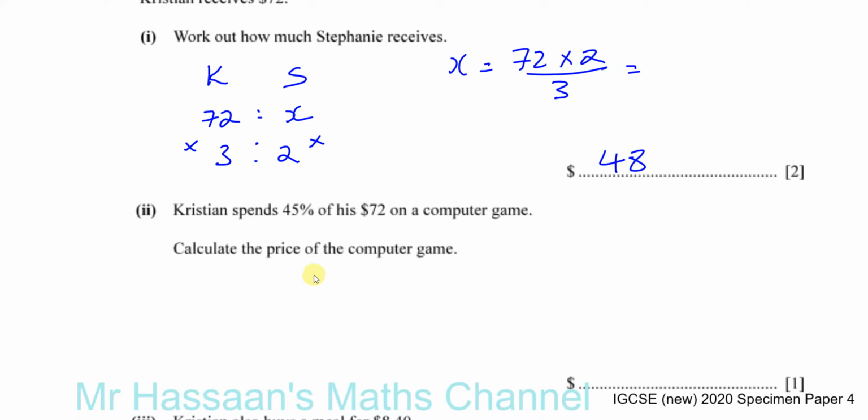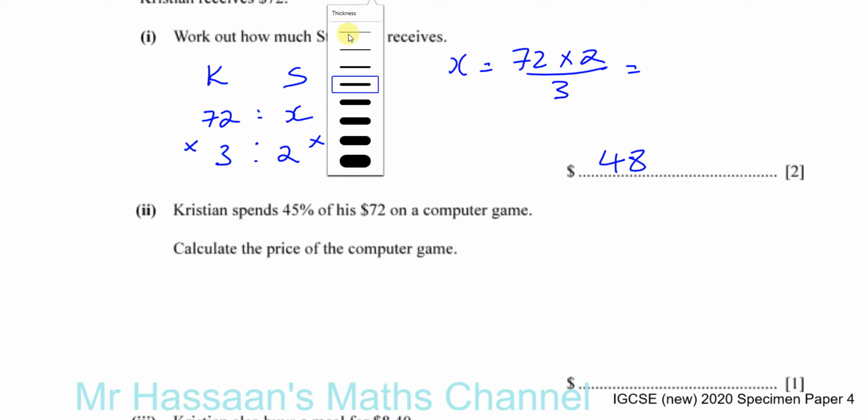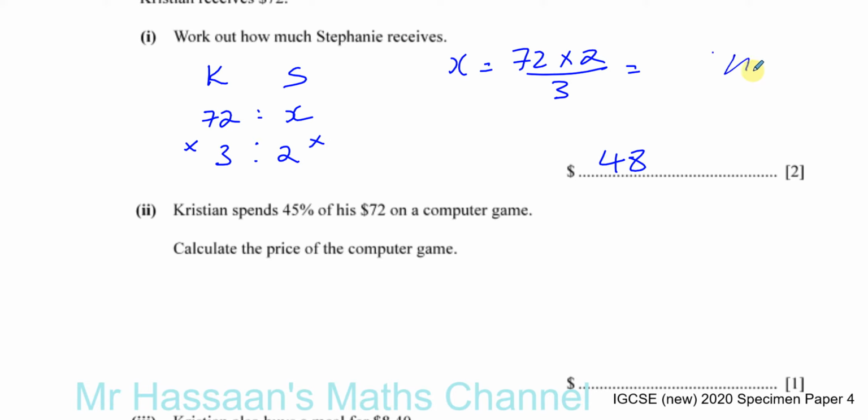Basically, what they're asking us to find is 45% of 72. So 45% of 72 is 45 over 100 multiplied by 72, and that will give you the price of the computer game.